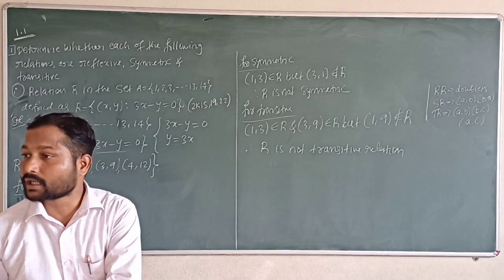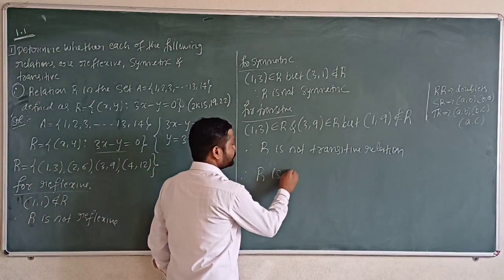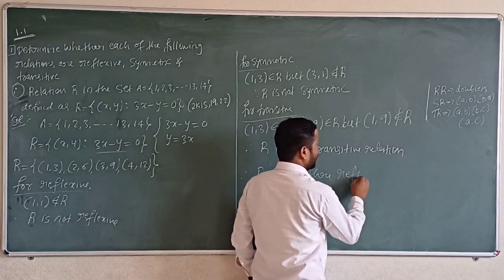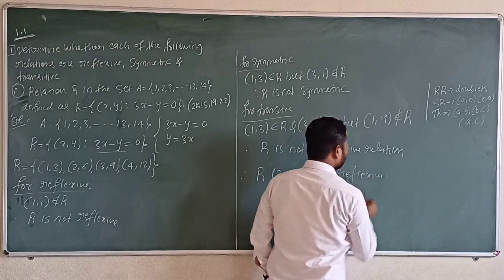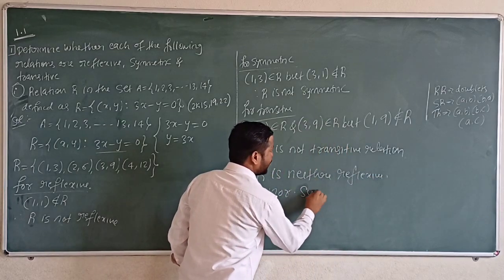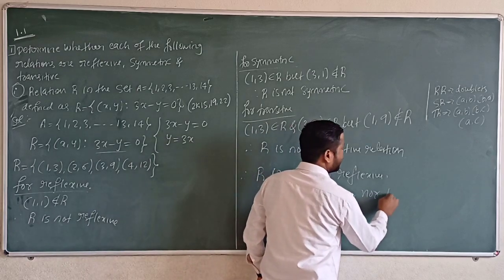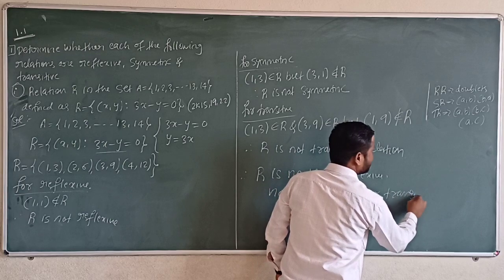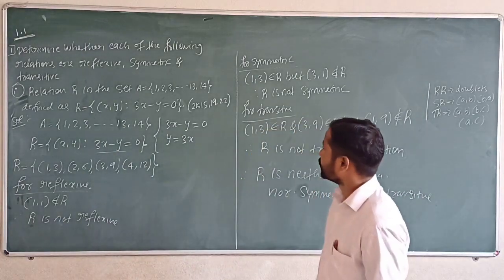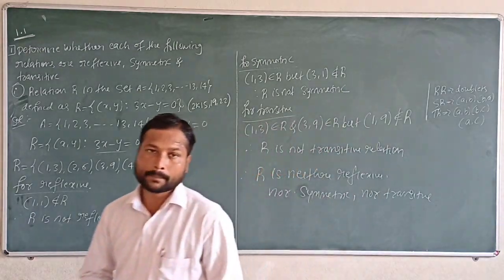The relation does not satisfy any of them. So R is neither reflexive, nor symmetric, nor transitive. Okay, this question has come 3 times, see, in 2k15, 2k19, and 2k22.